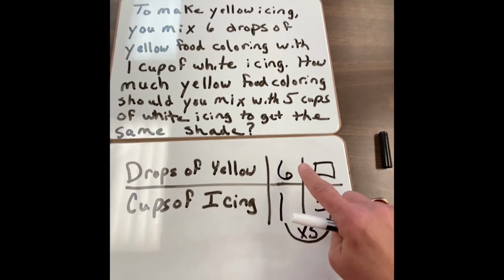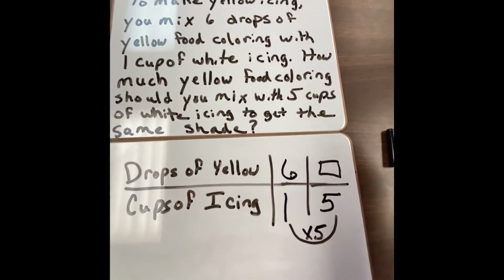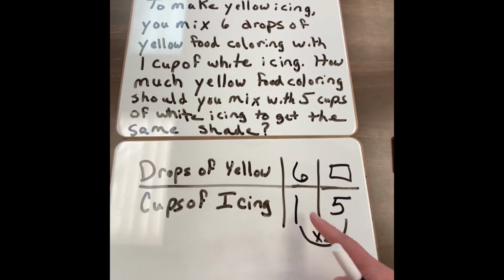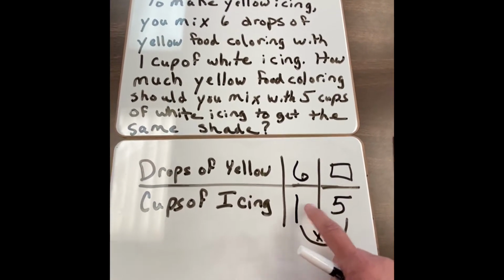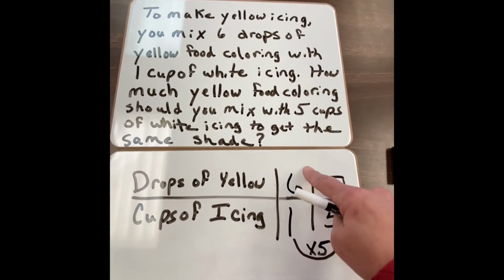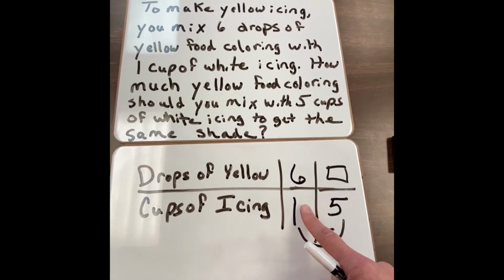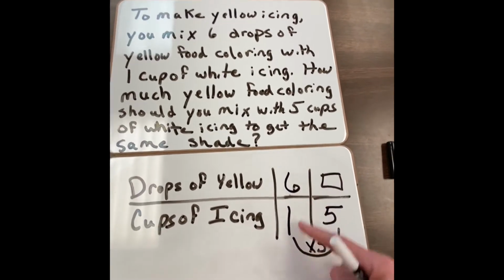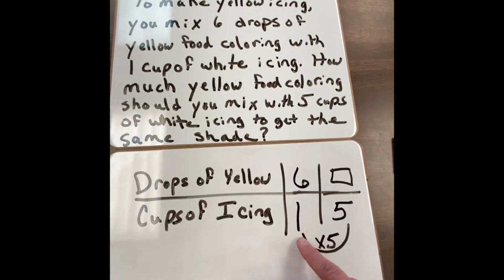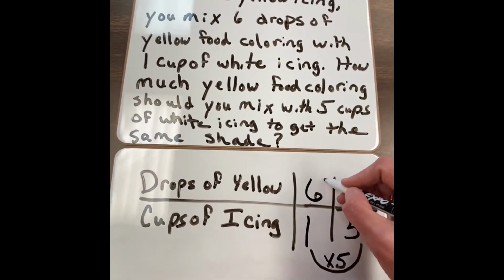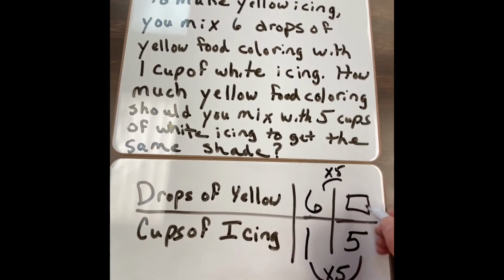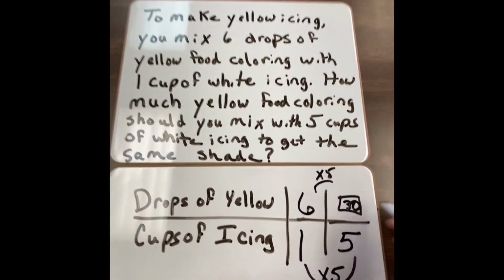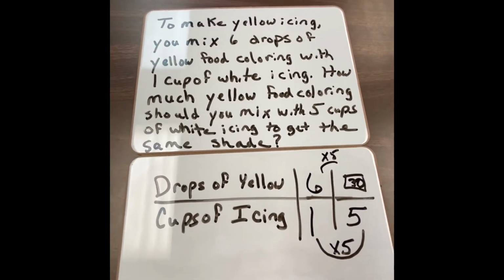Well, in equivalent ratios, or equivalent fractions too, whatever you do to one of them, you have to do to the other. So in this case, we did it to the bottom number, so now we have to do it to the top, the numerator. So 1 times 5 is 5. So 6 times 5 is what? 30. So let's see if 30 makes sense.